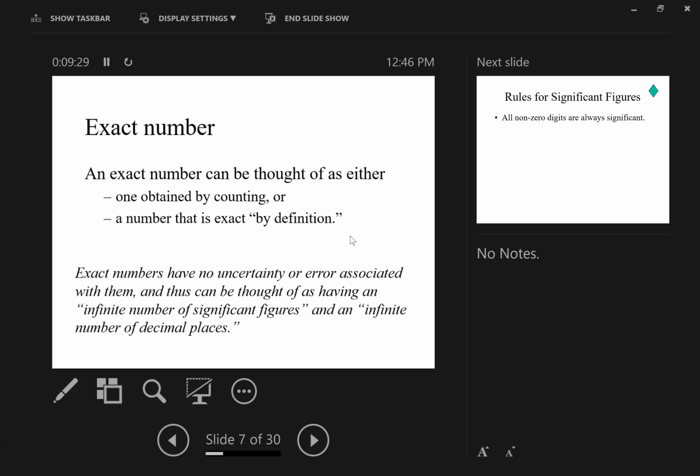So if you're going to count significant figures, what did I say, 8 people? The number of significant figures for that number 8 can be thought of in a couple of different ways. We can think of it as 8.0000000, an infinite number of zeros.